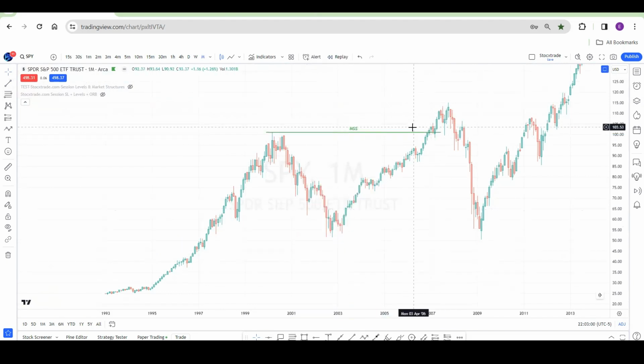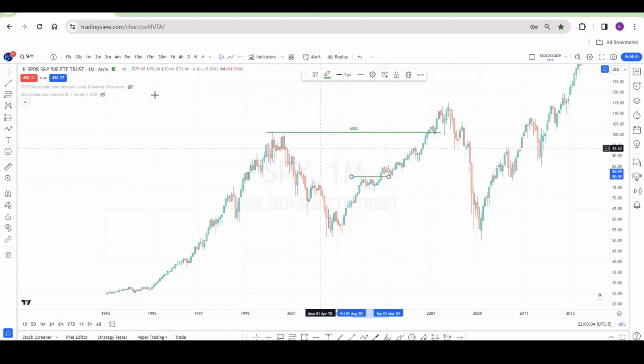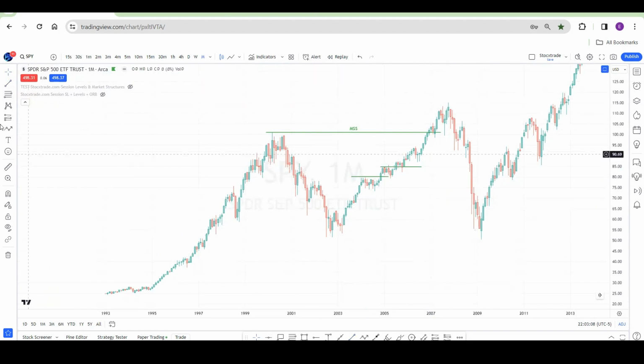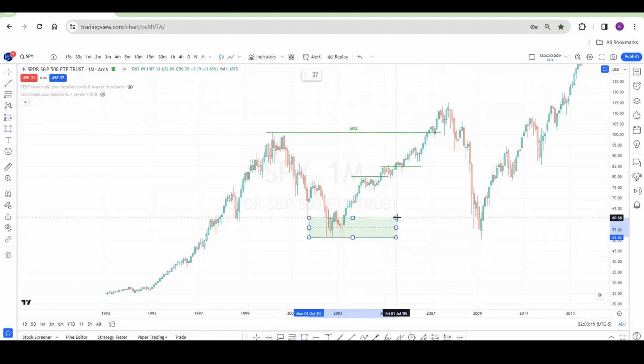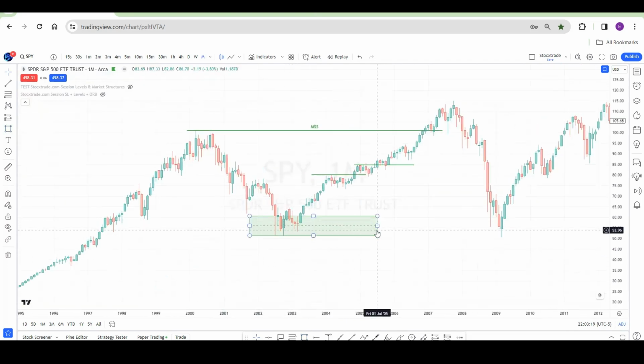Because all these are the break of structure. This is break of structure. This is break of structure. Everything. Where is your demand zone? Body and the wick. This green candle. This one. Extended.